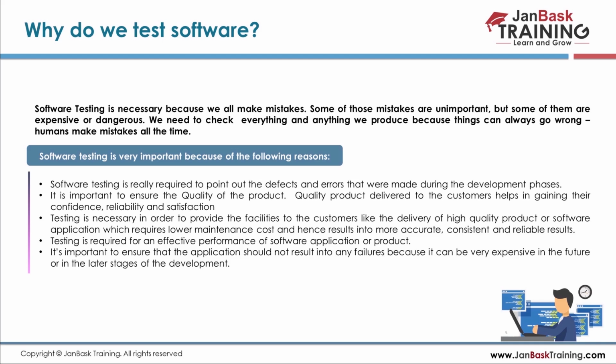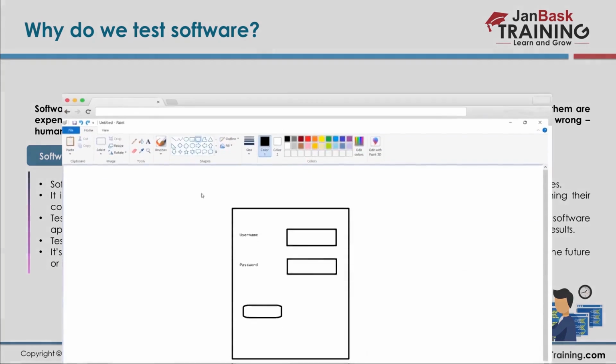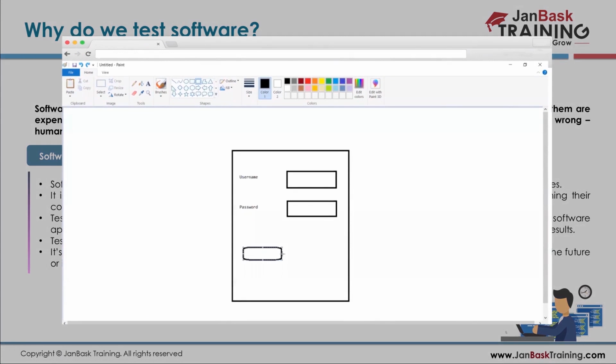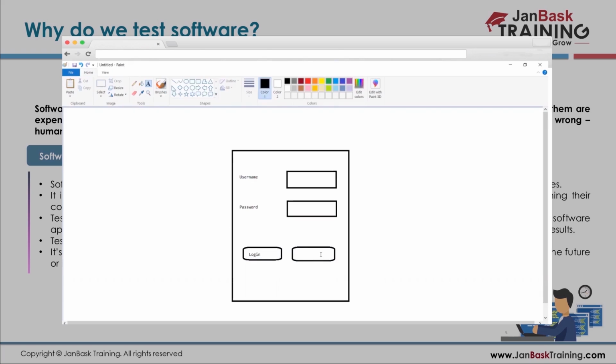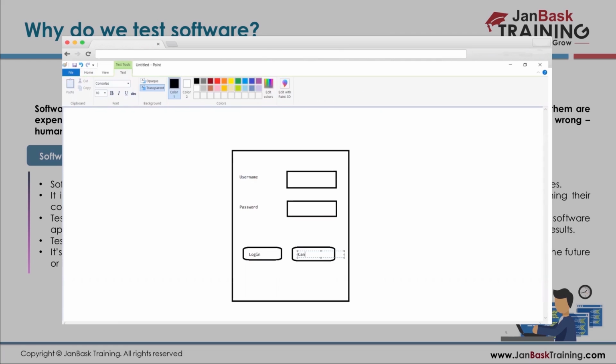Now let me just show you a simple example. So let me just remove all of these. Okay, now let's say I'm going to design a page and I'm going to write login, and then here I'm going to define another button.